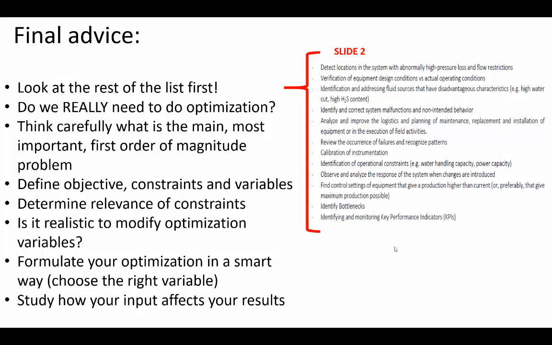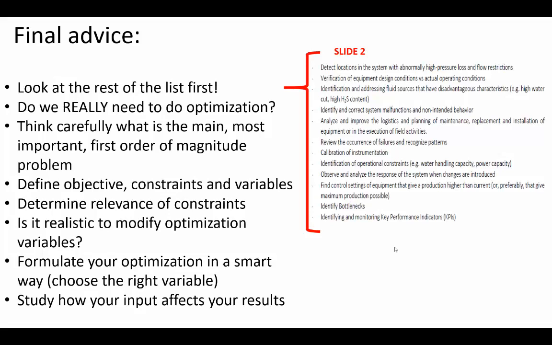And the second point is: do you really need to do optimization? Maybe it's a trivial solution. So you don't need to set up a model or an optimization algorithm, but you can simply do it using common sense.